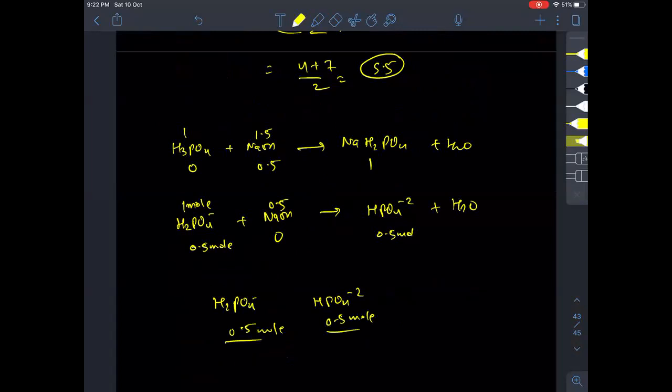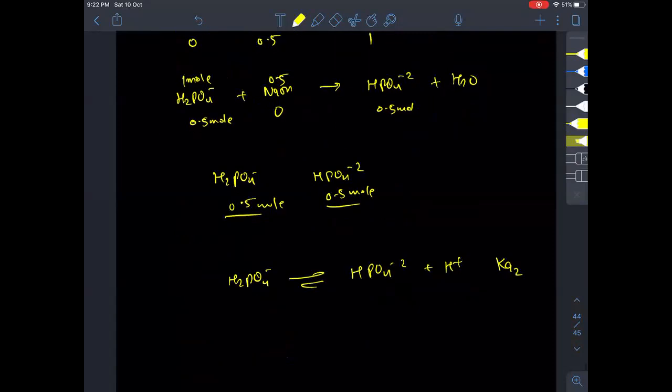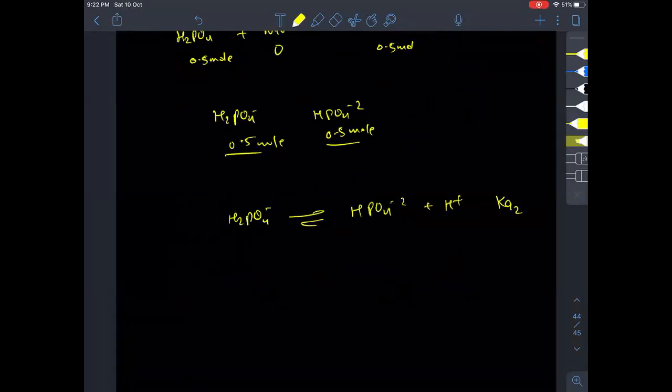Right? And now again you apply the buffer. This time, as you know, you are supposed to use the second equilibrium constant, Ka2. And now pH will be equal to, you can derive, pKa2 this time plus log of conjugate base, which is minus 2, upon minus 1.